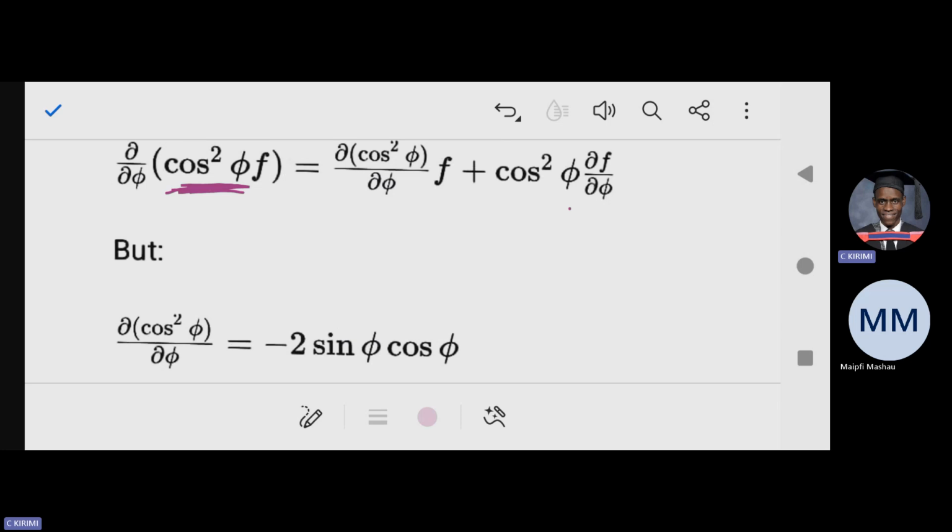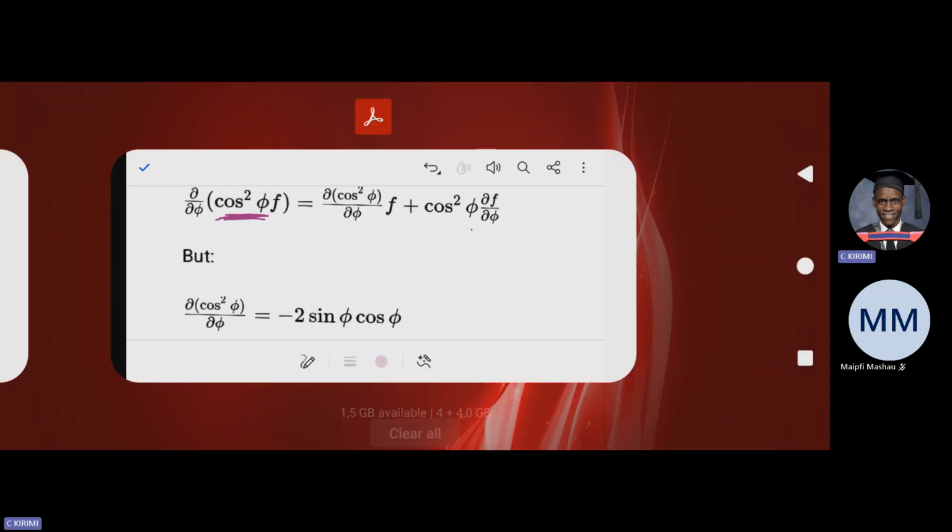Now we are going to differentiate. The partial of cos squared phi over partial phi is equal to that. Let's check the question.